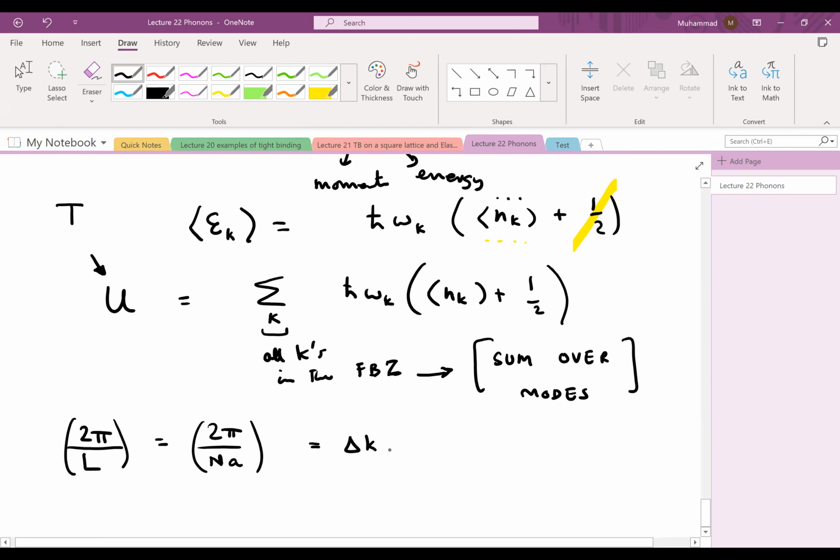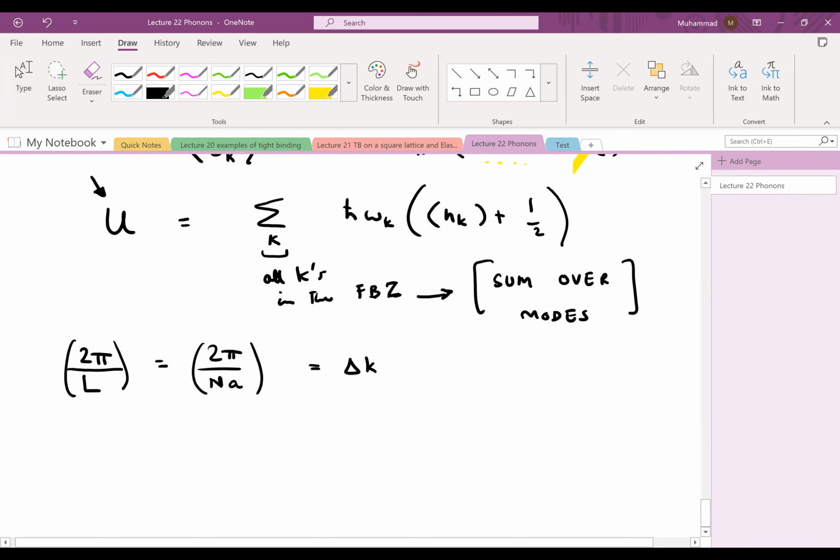If I were to make these calculations for real systems, I would be tempted to replace this sigma k with some kind of integral over k inside the first Brillouin zone. And how could I do that? By the way, what does the sum over k mean?